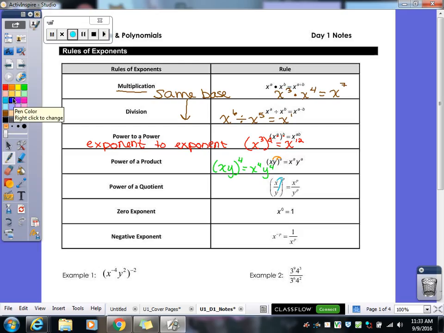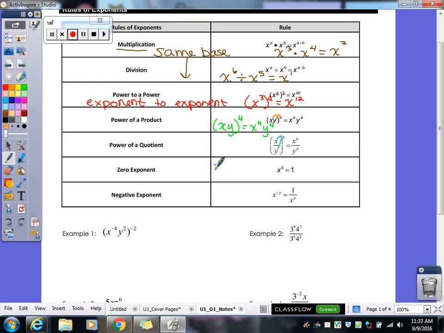Zero exponent, everything turns to a 1. Anything to the 0 power turns to a 1. Now the one that a lot of people have a tendency to mess up on is an example like 4x to the 0 power. Because there aren't any parentheses, what is that exponent on? It's only on the x. It's not on the 4.